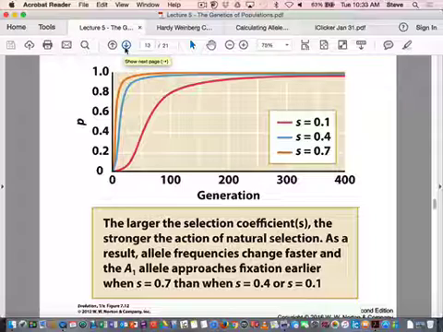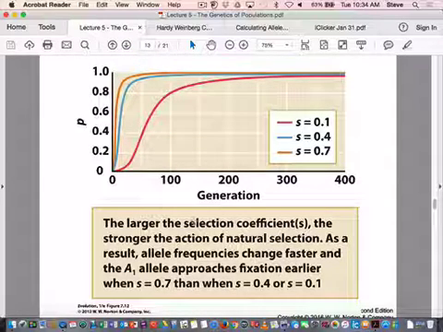And we'll be talking a lot about why this asymptoting or plateauing occurs under this kind of selection. So we'll be coming back to that. So the basic take-home message: the larger the selection coefficient, the stronger the action of natural selection. There you go, what I just said.